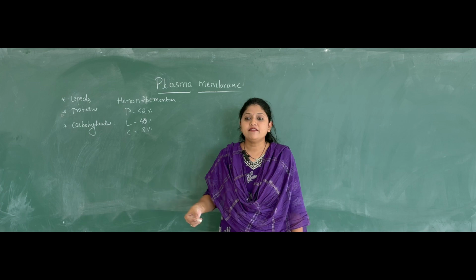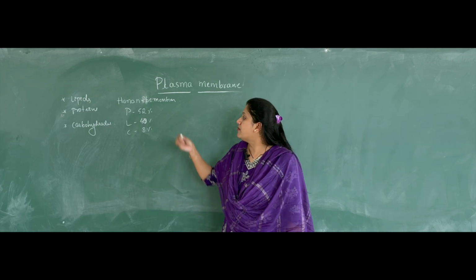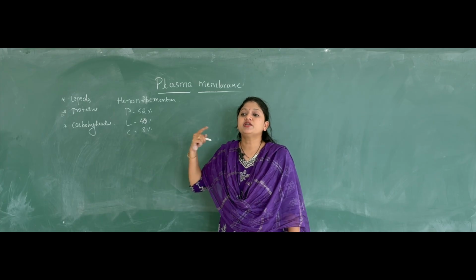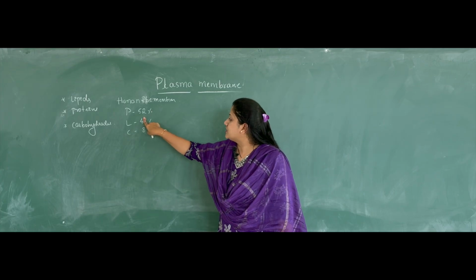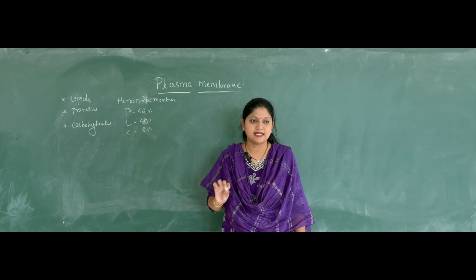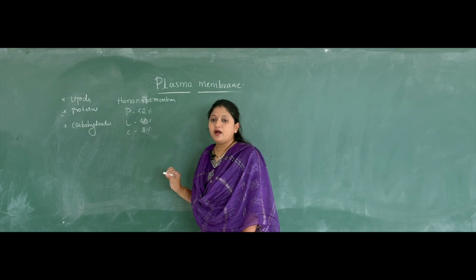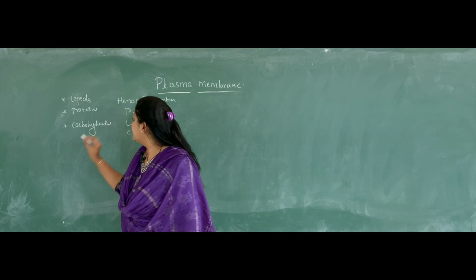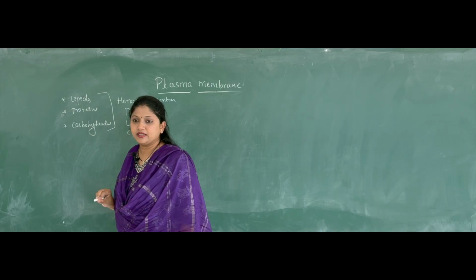For example, liver cells have more amount of lipids as compared to the proteins. So depending on the functioning of the cell, this composition will keep on changing in a particular type of cell. Okay. Now, whatever it is, one thing is sure that these three have to be present.